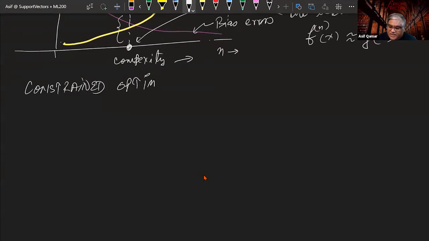I already introduced you to the concept of constrained optimization in the support vector machines. In other words, find the maximal margin hyperplane constrained by a certain budget of mistakes that you can make. Remember? So we will use the same things of constrained optimization today.